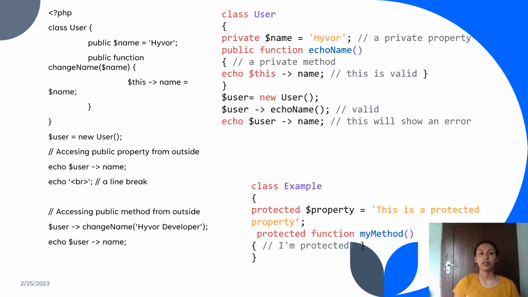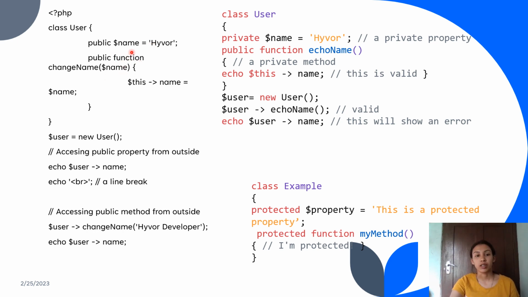Here is an example. We have a class called user, and here we have a variable called $name and a function called change name. Here the access modifier or the visibility is public, which means that $name is publicly declared and the function also is public.